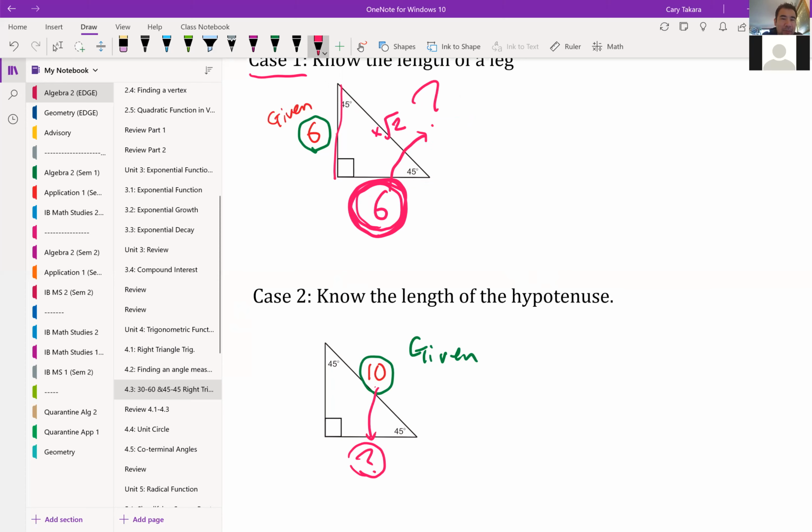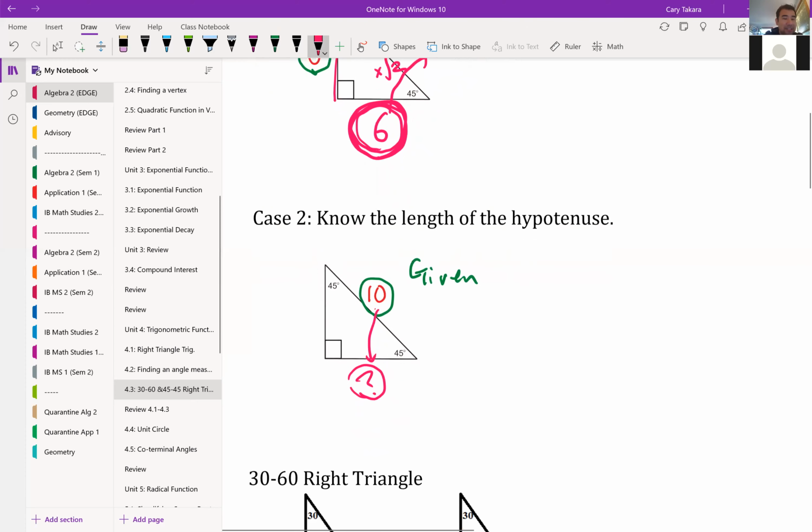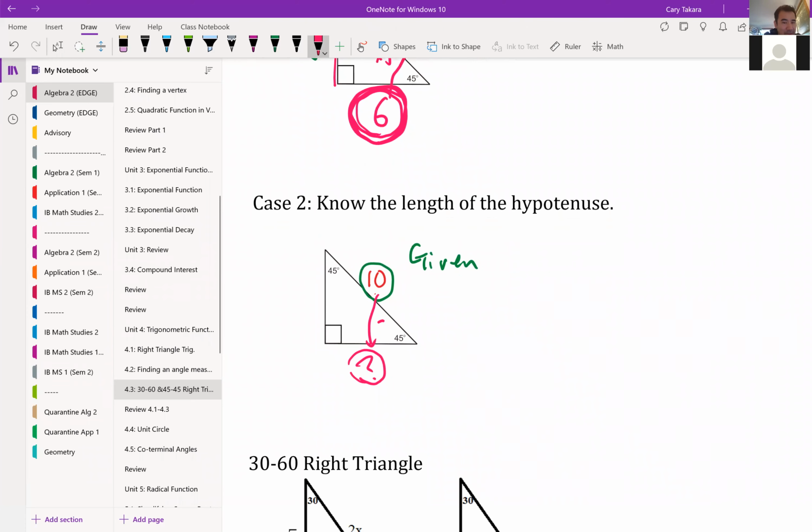You multiply square root of 2 to get to the hypotenuse, which is now 6 times square root of 2. So in order for you to get back from the hypotenuse back to the leg, that's right, you have to divide by not just 2, but divide by square root of 2.